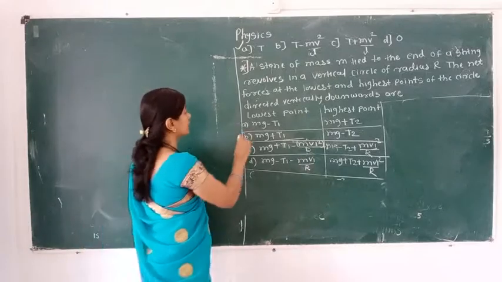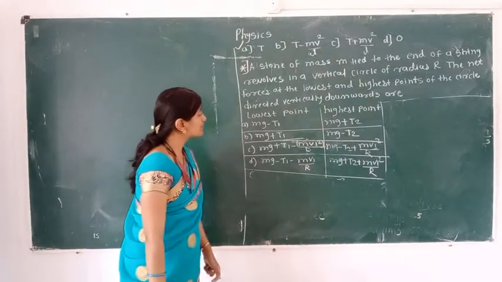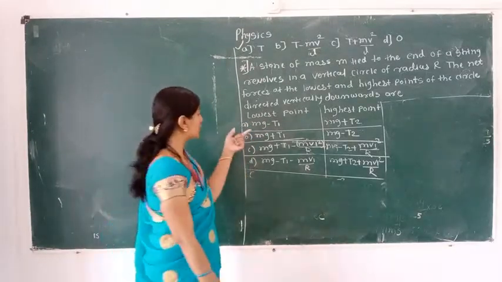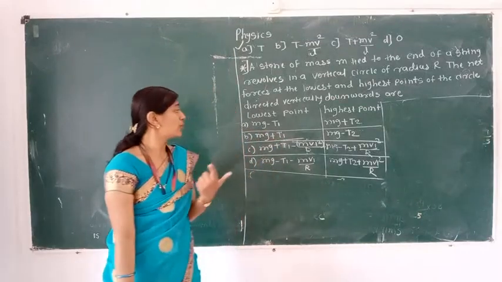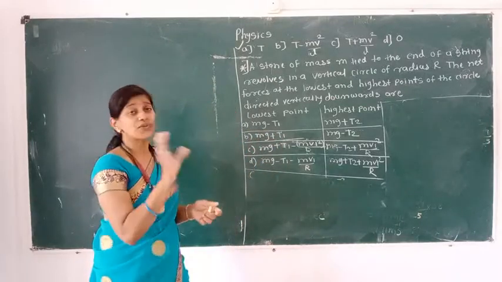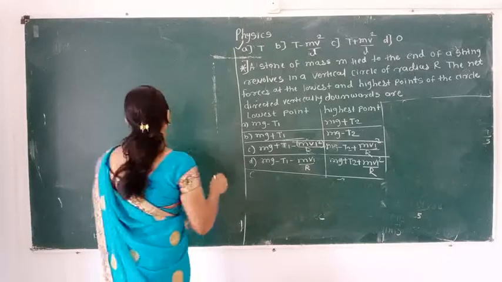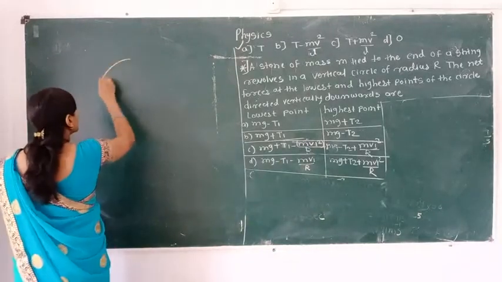What is given in that option? At the lowest point whatever the force its value, and at the highest point whatever the force its value we have to find. We know vertical circular motion, already we learned that.